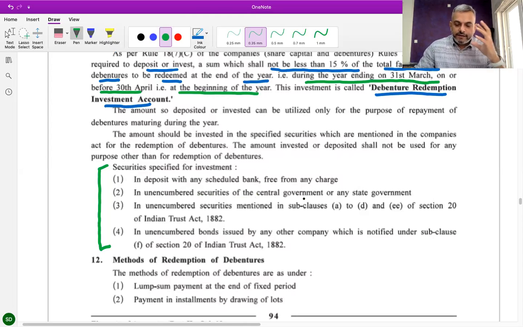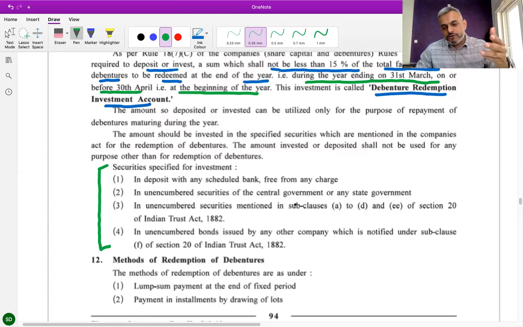In short, this amount we have to invest in secured securities. You can't invest this money in the stock market कि चलो market ऊपर ऊपर ऊपर है, उधर पैसा इन्वेस्ट कर दो, बहुत रिटर्न मिलेगा. No, that is not allowed. So these are the theoretical points which you have to keep in mind.